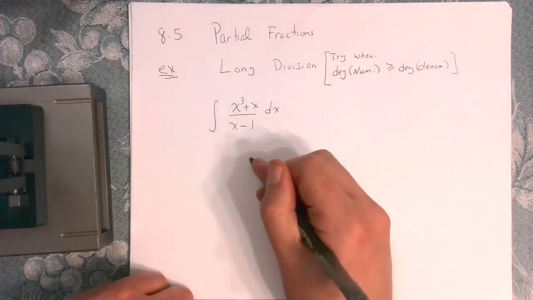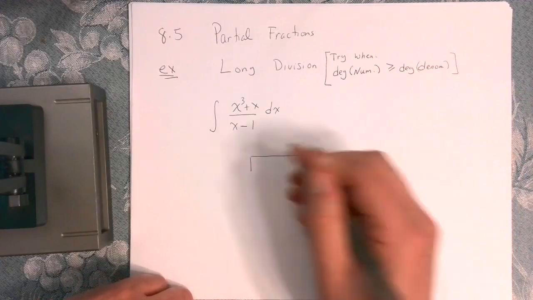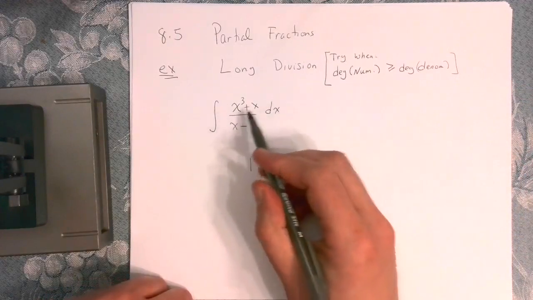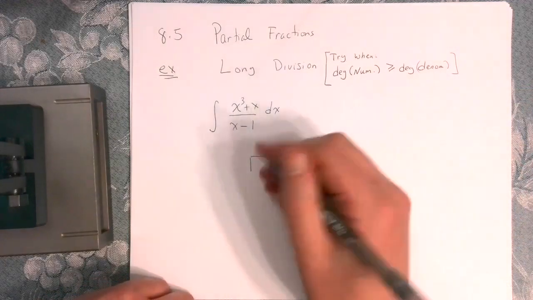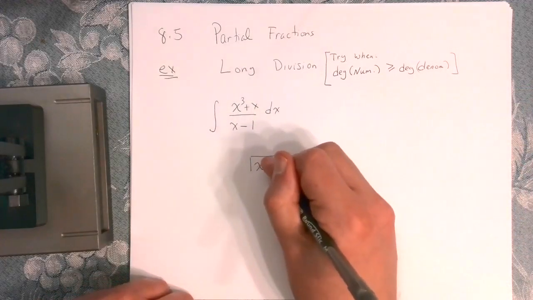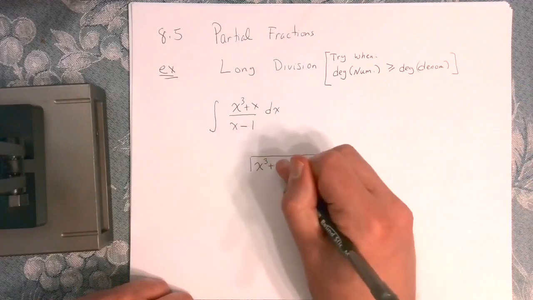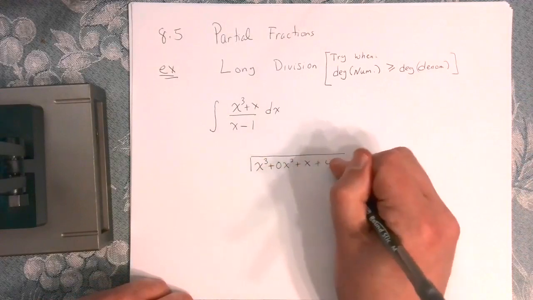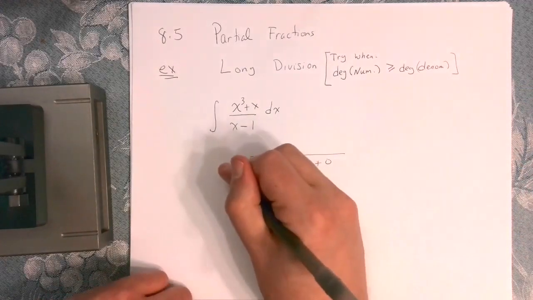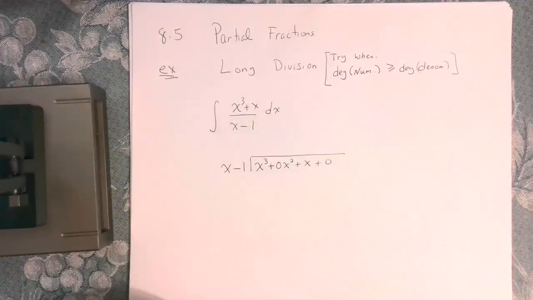Okay. And I want some placeholders here, because this goes from the cube term to the x to the first term. Let's have some placeholders so everything lines up nicely. So I want x cubed plus 0x squared plus 1x plus 0, being divided by x minus 1.